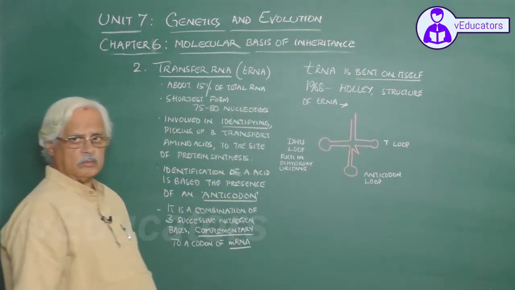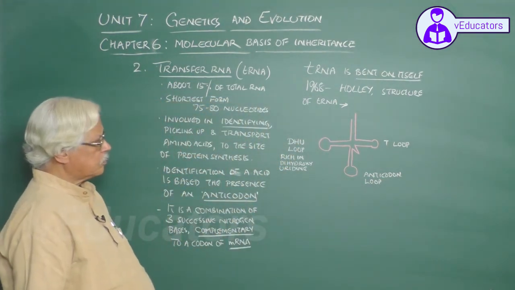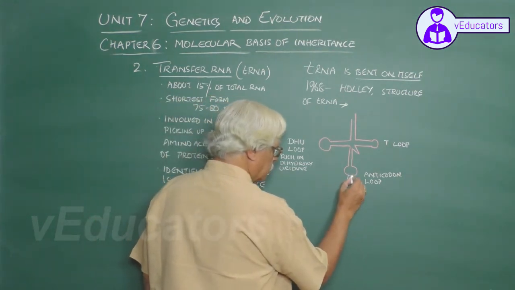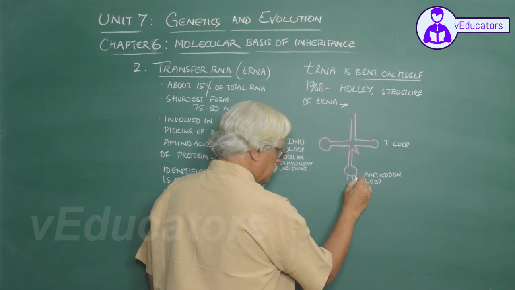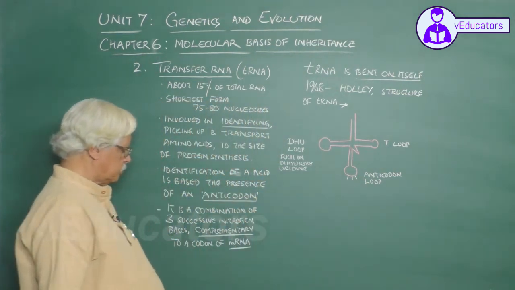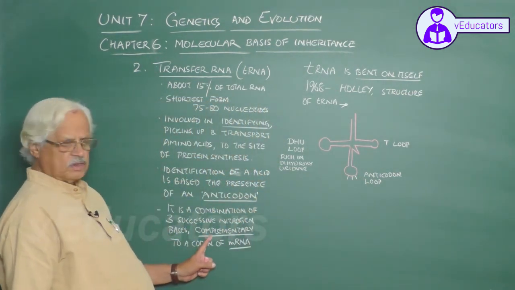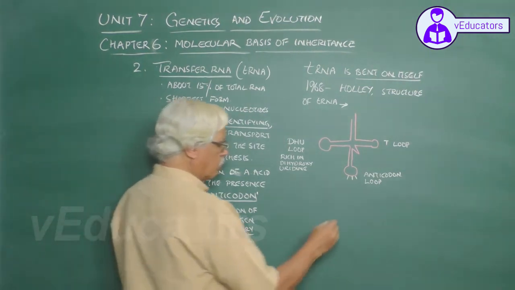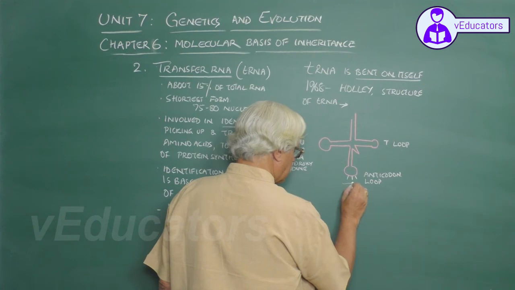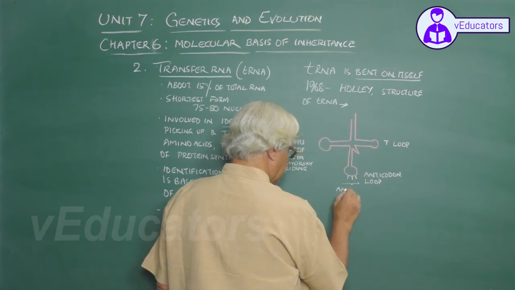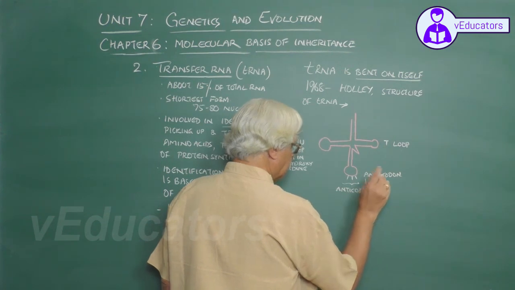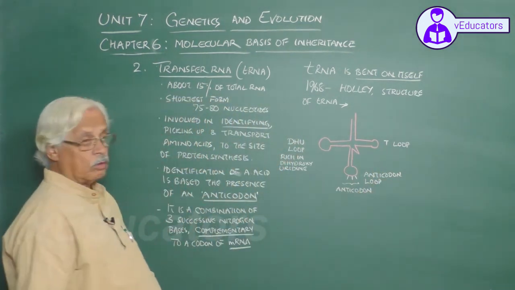In this anticodon loop, you find 3 nitrogen bases in a sequence forming what is known as an anticodon.